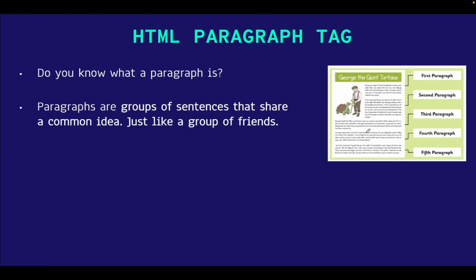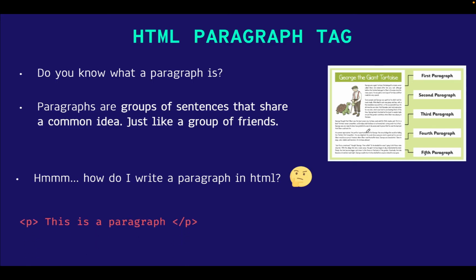Don't forget that. So now, how do we write a paragraph in HTML? Because HTML is not English, right? So how do you do that? That's a very good question. It is very simple. You add a paragraph by just putting a p tag.